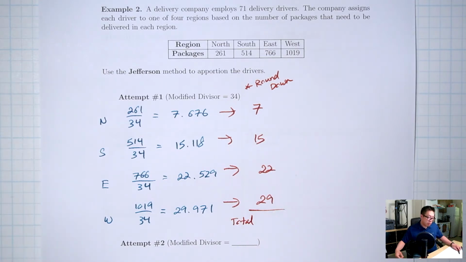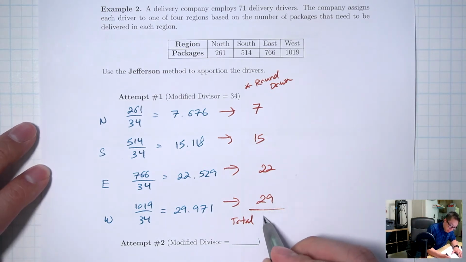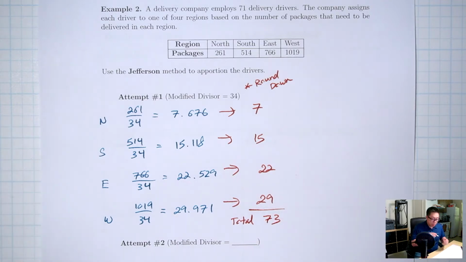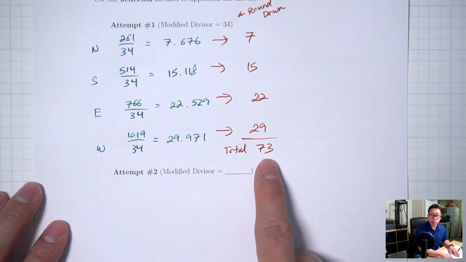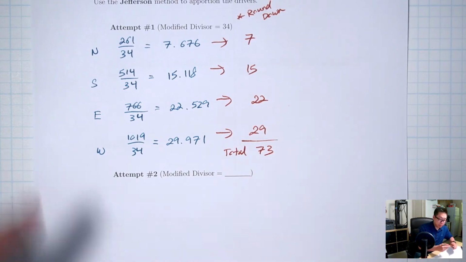So 7 plus 15 plus 22 plus 29, and we get 73. And that's not the right number I want. I only have 71 drivers, and here we're using 73. So we use too much.